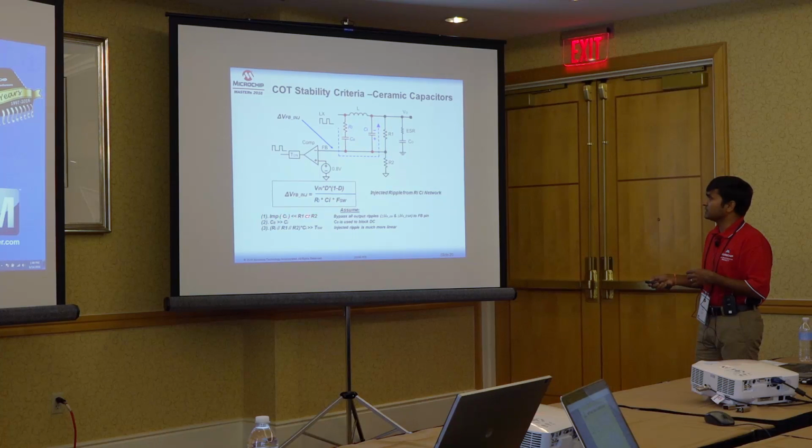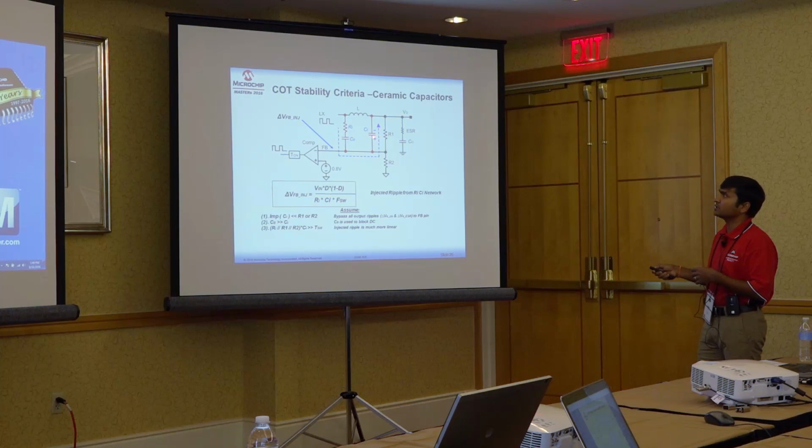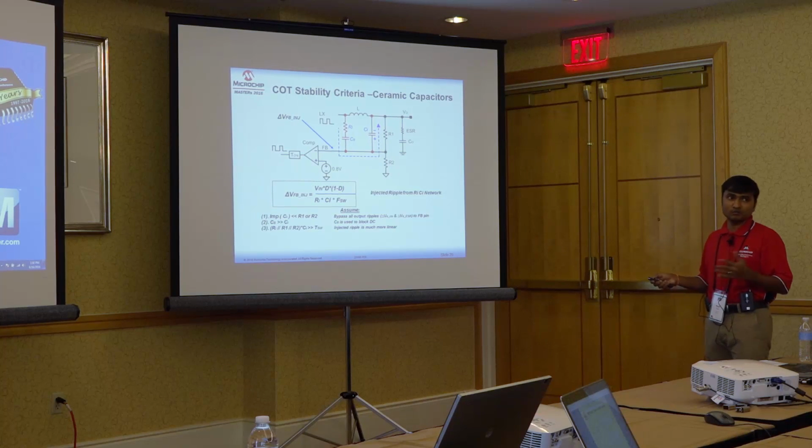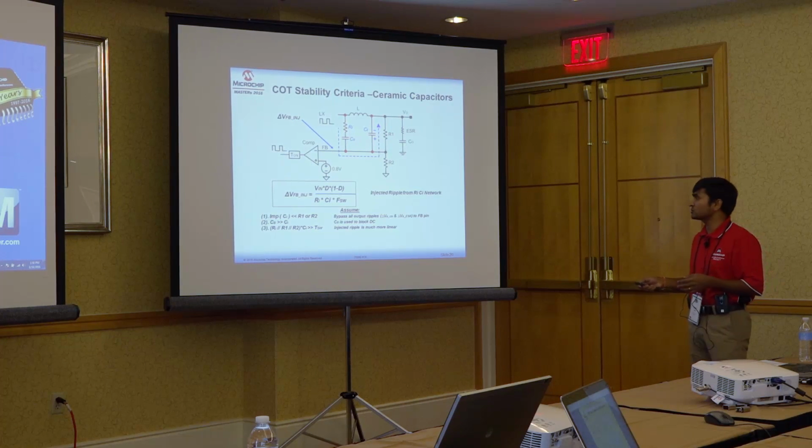If you satisfy this equation, you bypass all the output ripple to the feedback pin, and we also make sure that the blocking capacitor value is much higher than CI. Generally we choose 0.1 microfarad as a rule of thumb, and CI is 1 nanofarad. Those are the typical values we recommend in many of our products.